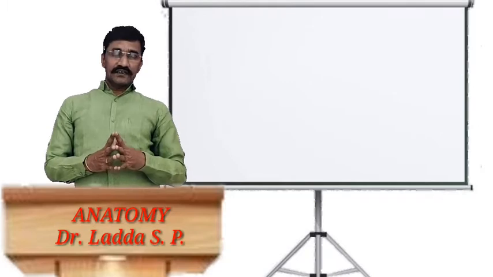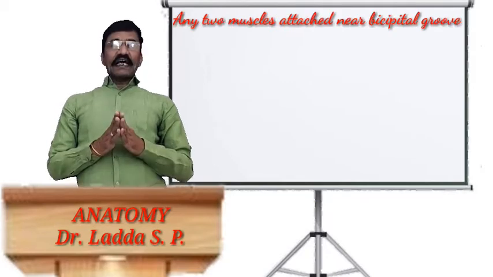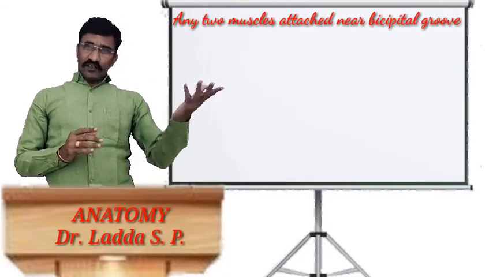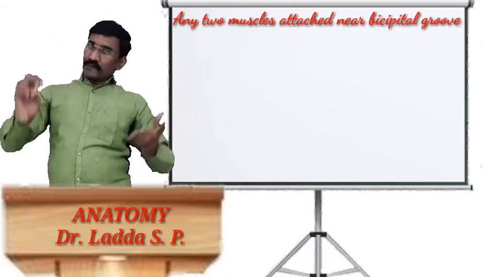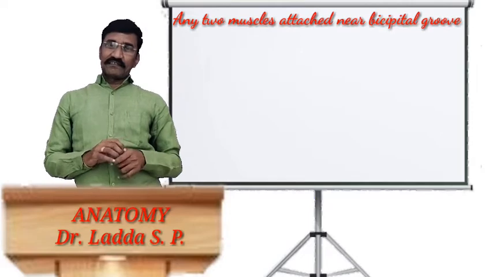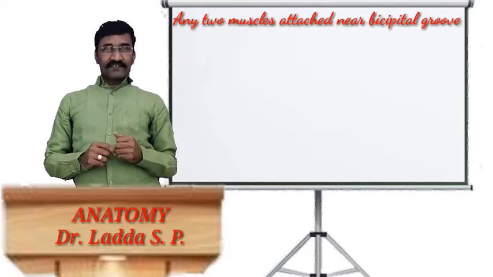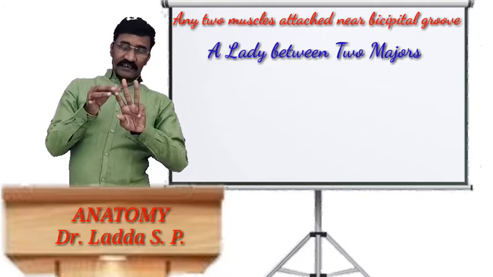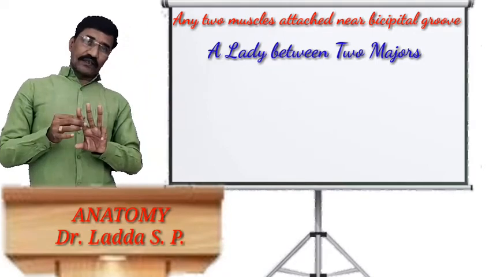Now the next question is muscles attached near the bicipital groove. We have talked many times in the class about the sentence: a lady between 2 maids. So this is the sentence to remember.